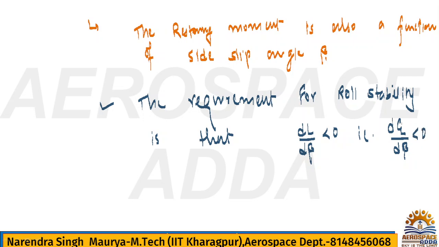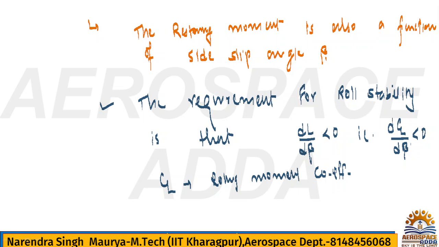Now this Cl is not lift coefficient. This is the rolling moment coefficient. So don't get confused, because L is not lift, L is the rolling moment. So also you can write dCl by d beta less than 0.